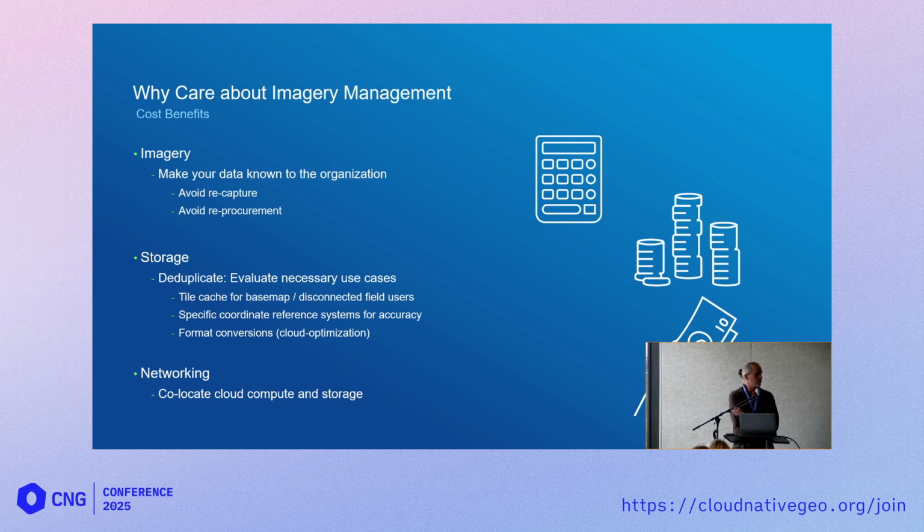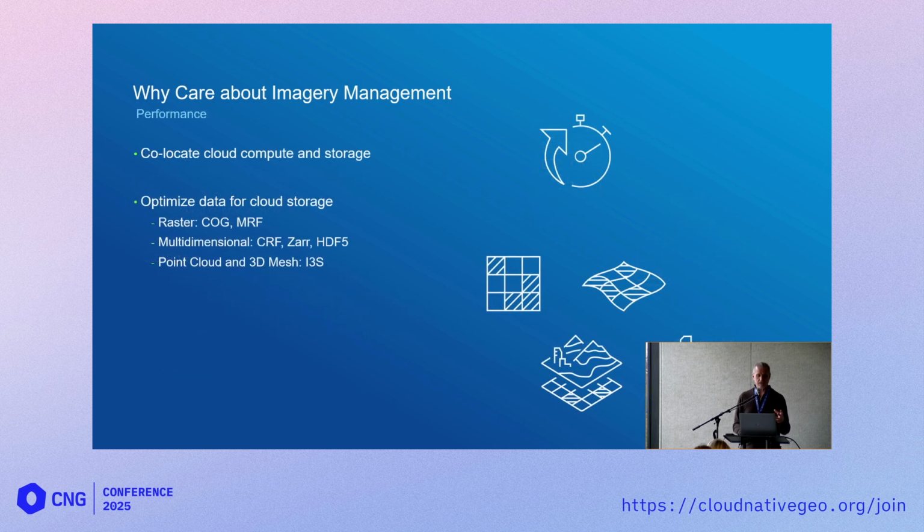Another one in terms of cost is networking. So the best practice is to co-locate your storage and your compute. It's fine for ad hoc understanding. We're able to reach into the planetary computer, for instance, from anywhere and start to visualize those data sets. But if you want to bring analysis at scale, we really need to pair that. And so I mention it again in performance.